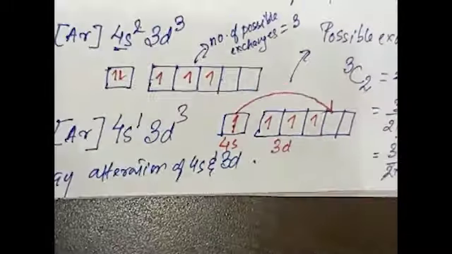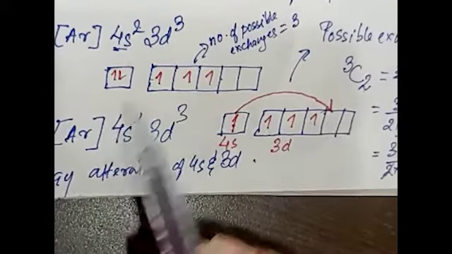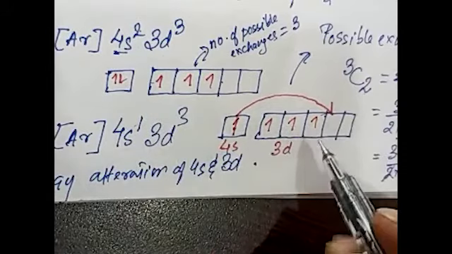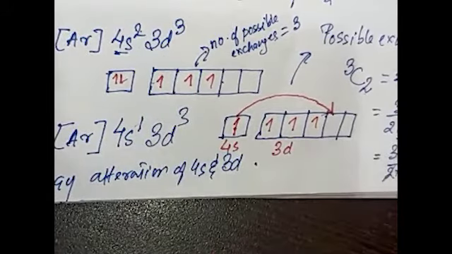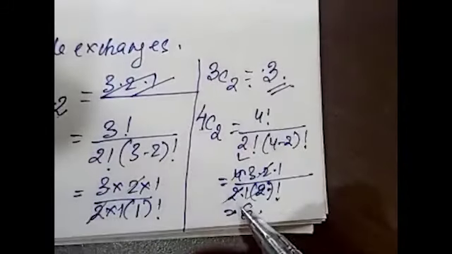But when the first electron, this 4s1 electron, jumps here, after you remove 1 electron from S, the number of unpaired electrons in 3D increases. As a result, the number of possible exchanges increases from 3 to 6.